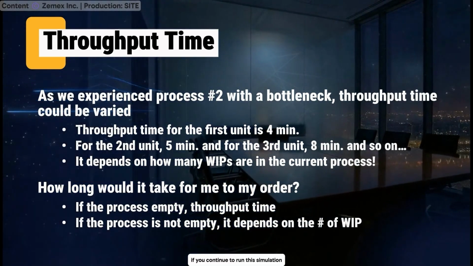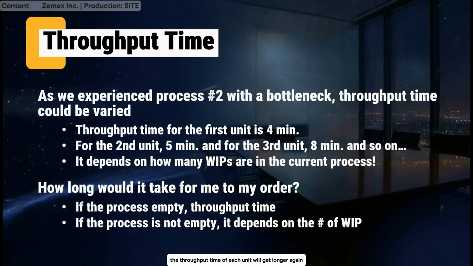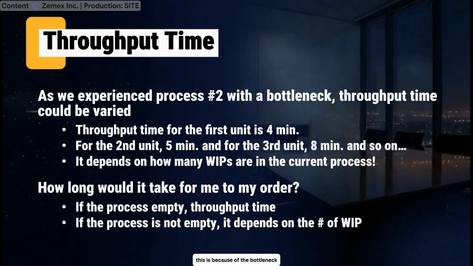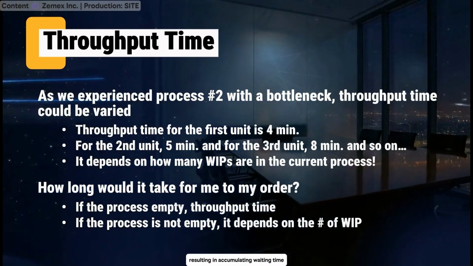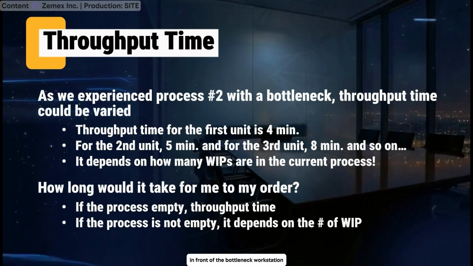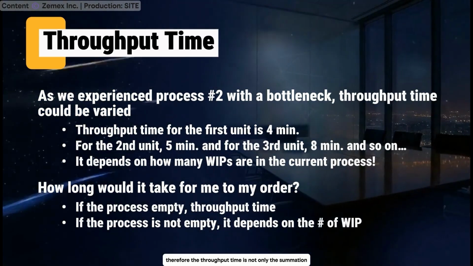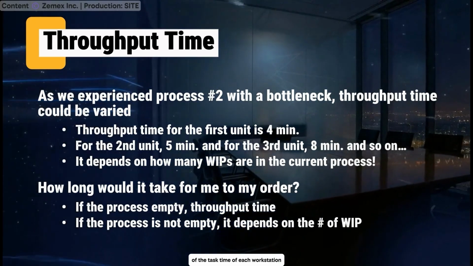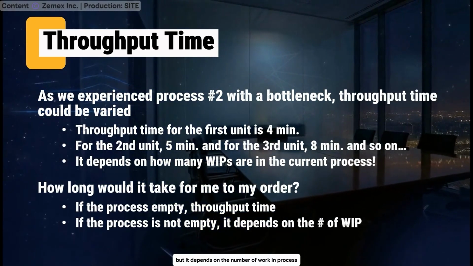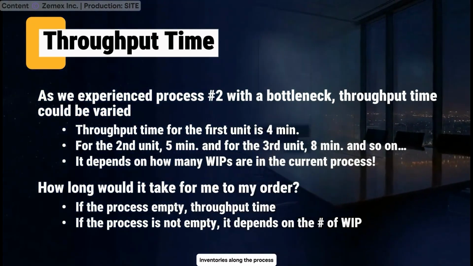If you continue to run this simulation, the throughput time of each unit will get longer. Again, this is because of the bottleneck, resulting in accumulating waiting time in front of the bottleneck workstation in the process. Therefore, the throughput time is not only the summation of the task time of each workstation, but it depends on the amount of work-in-process inventory along the process.